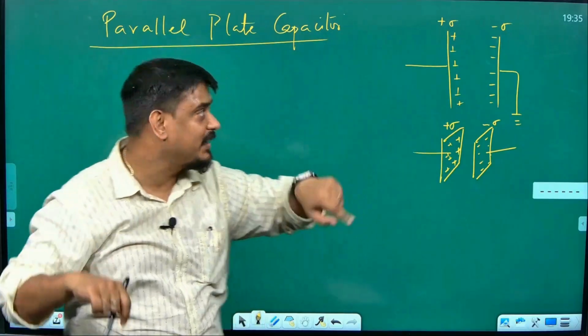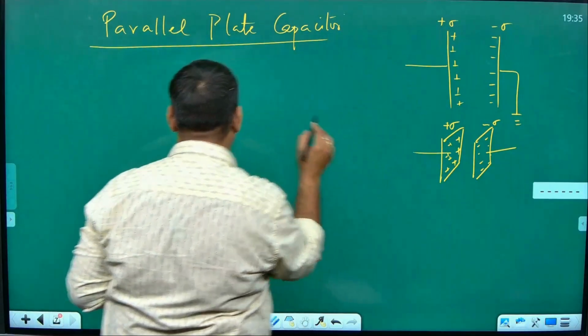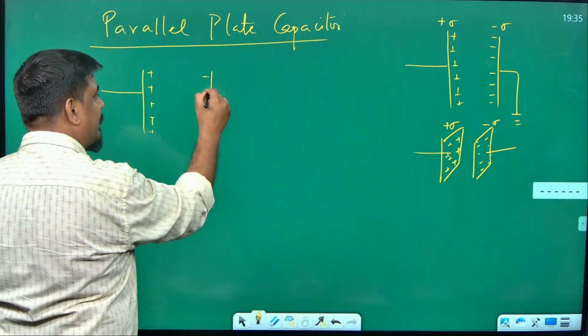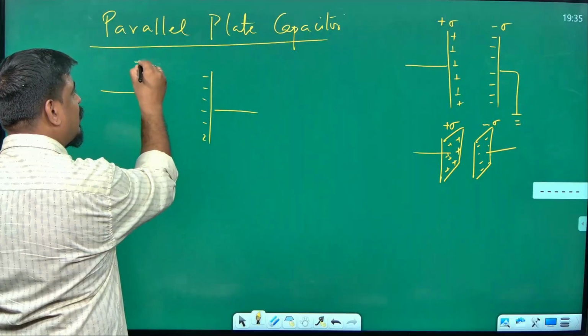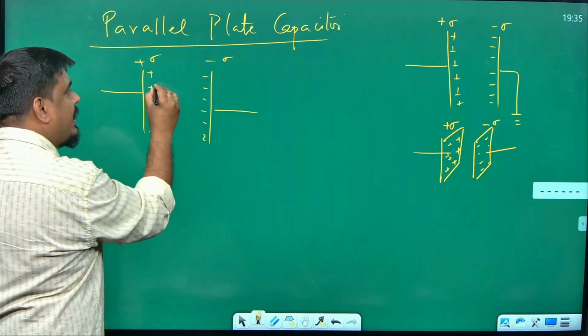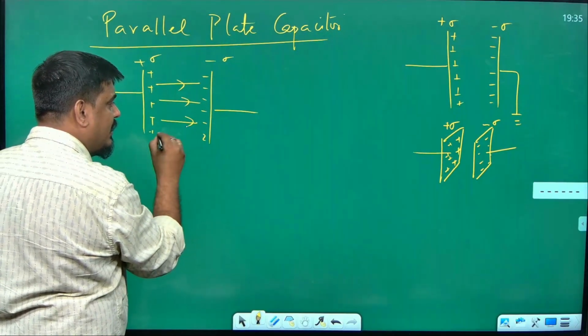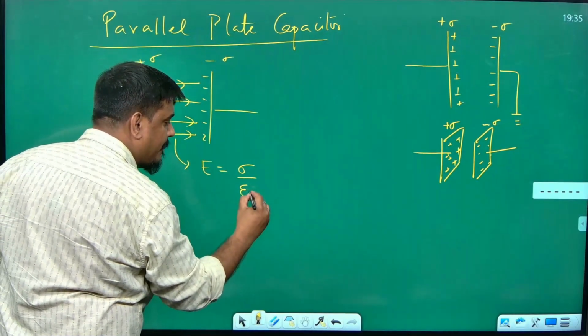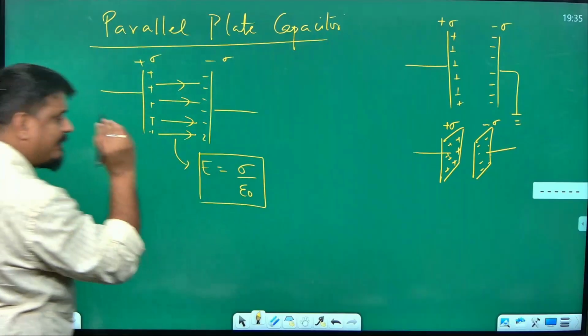So remember that in between, that is if I am having two plates which are charged like plus and minus, having charge density of plus sigma and minus sigma, in between them I will have a uniform electric field, and this electric field value is sigma by epsilon naught. I think everybody will agree with me.